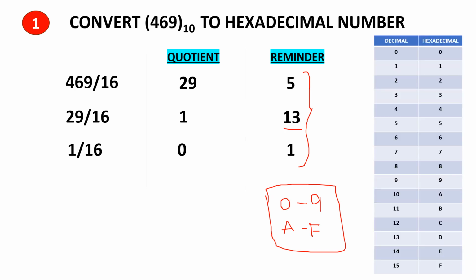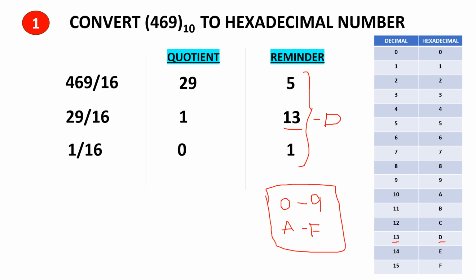We can refer to this table to find it. The hexadecimal number for 13 is D. So for 13, the hexadecimal equivalent is D.